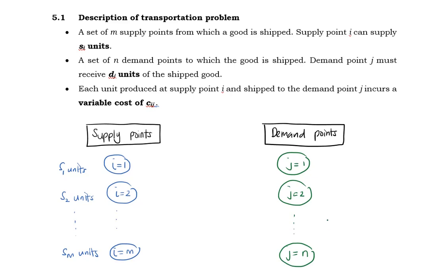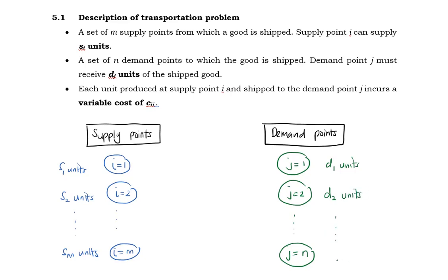And every demand point needs to receive a number of goods. The first demand point should receive d1 units of goods. The second demand point must receive d2 units of goods.